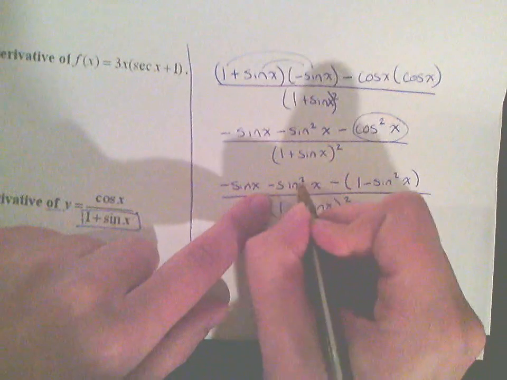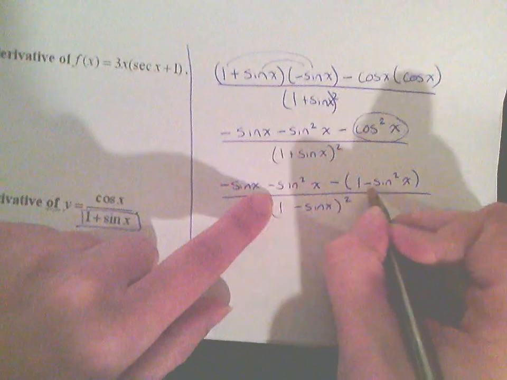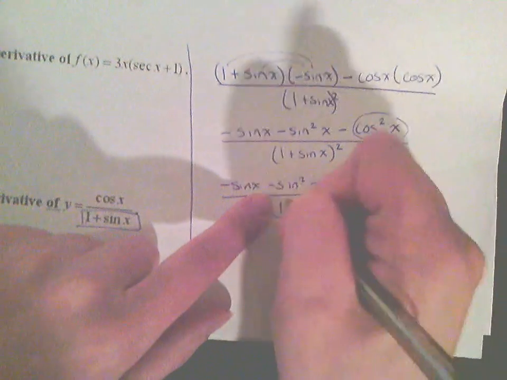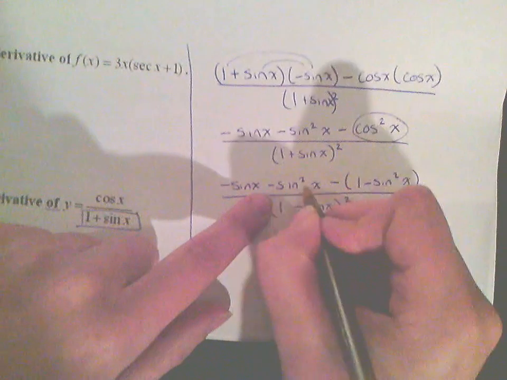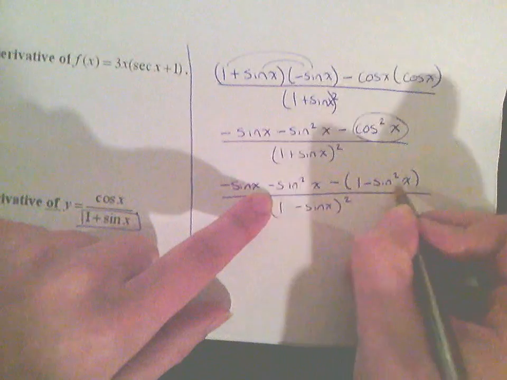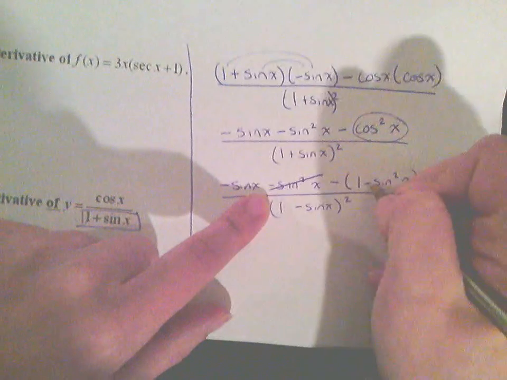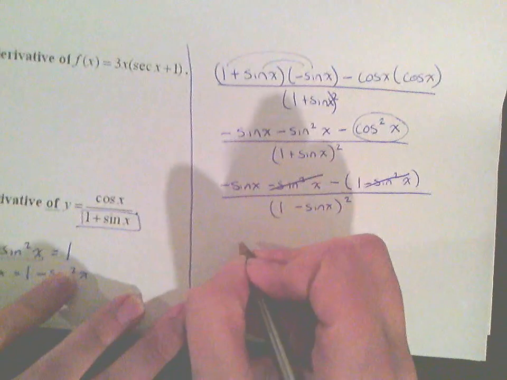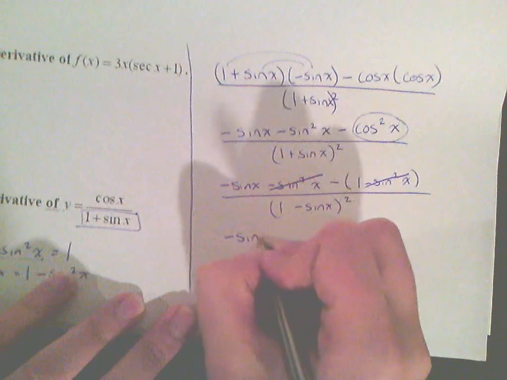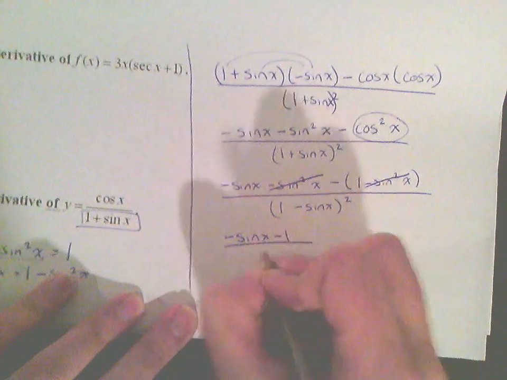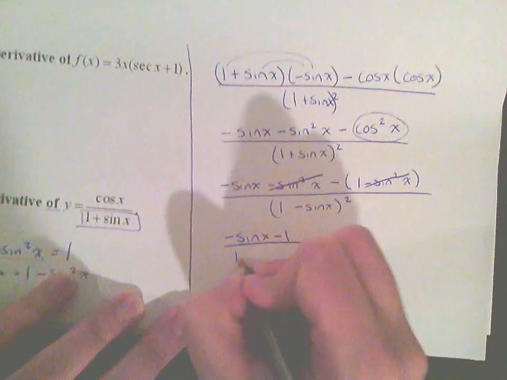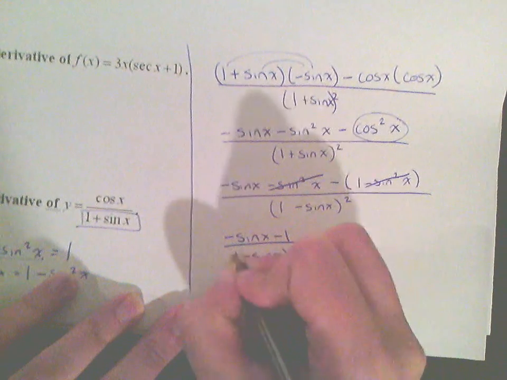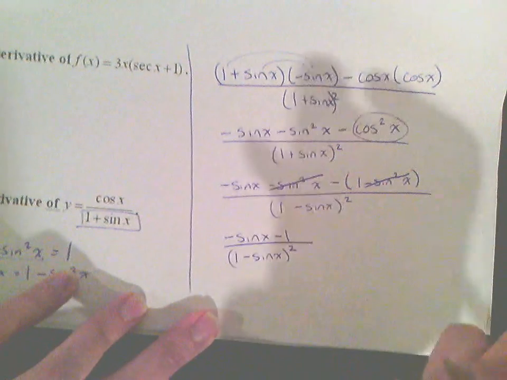The negative sine squared of x minus another negative sine squared of x is the same thing as negative sine squared of x plus sine squared of x, which makes these guys disappear. So then what we're left with is negative sine of x minus 1 over (1 + sin x)^2.